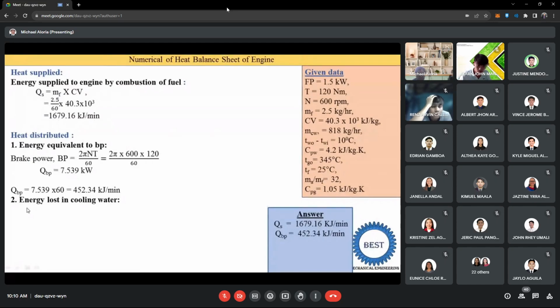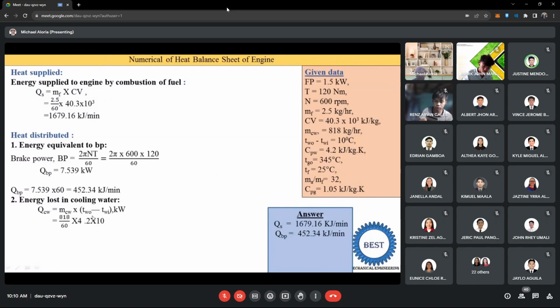Second is the heat lost in the cooling water. Which equation is used? Heat lost is equal to mass into Cp into the change in temperature. Here the Cpw is not written, but we need to multiply it. The mass of water is 818 kilojoule per hour, but we divide it by 60 and it is converted to kilojoule per minute.